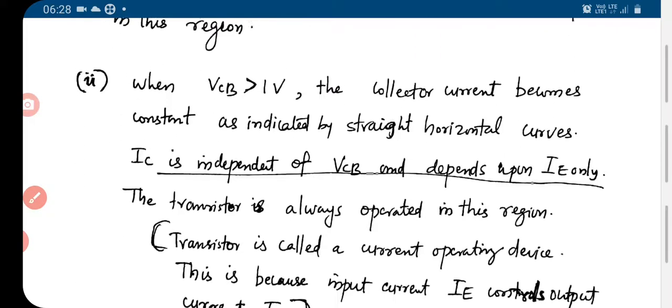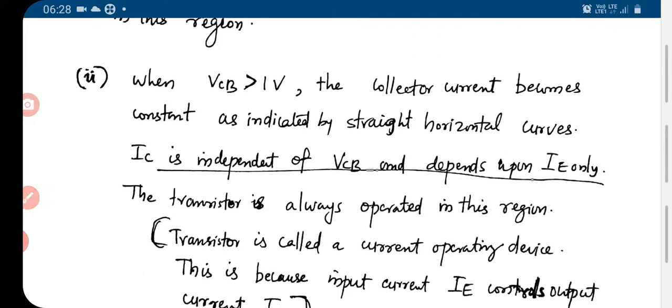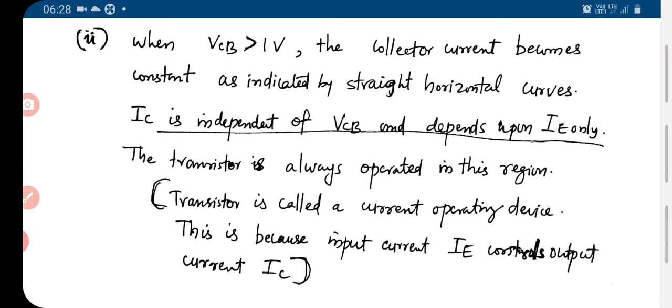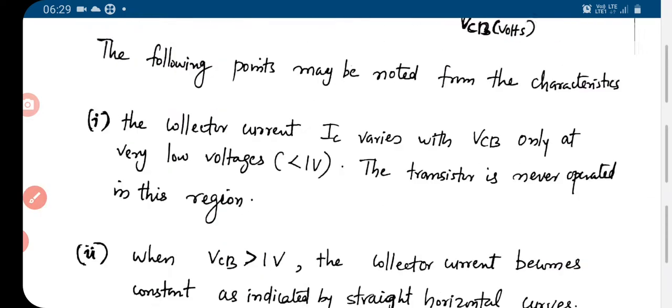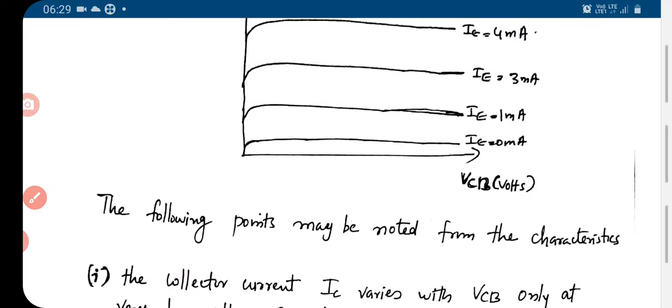The collector current becomes constant as indicated by the straight line curve. So what we see is IC is independent of VCB above 1 volt, and it depends only on IE. It varies with IE. So for IE equal to 0, we get one curve. IE equal to 1 milliampere, we are getting this 3 milliampere.